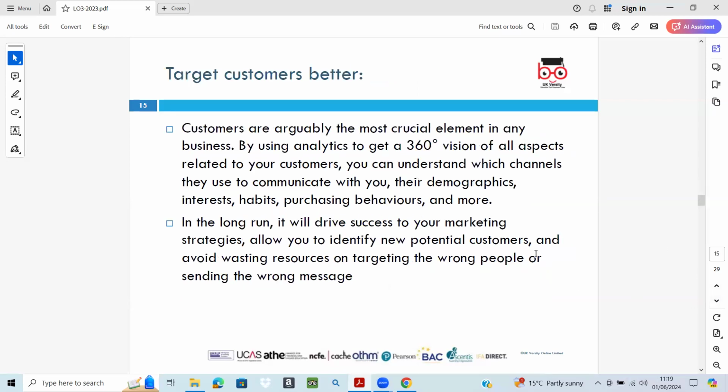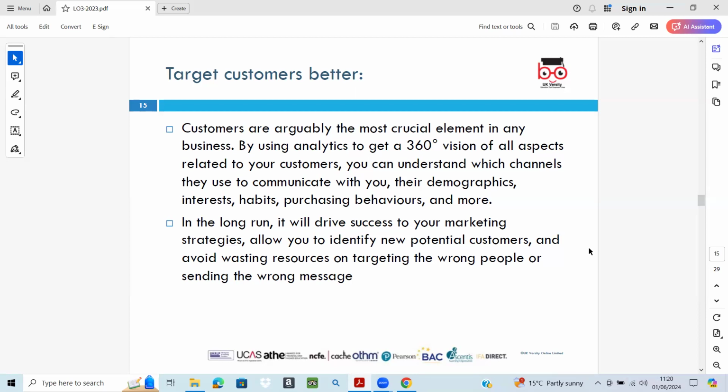Now we move to the next slide. In the next slide, we have target customer better. For this one, understanding and effectively targeting customers is paramount for businesses aiming for sustainable growth and success.